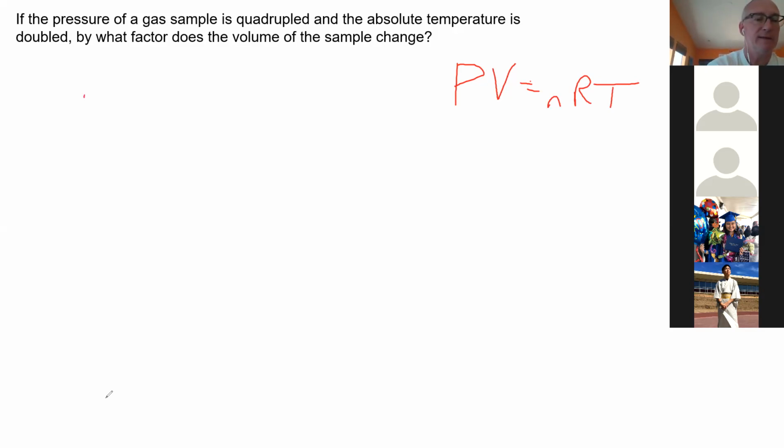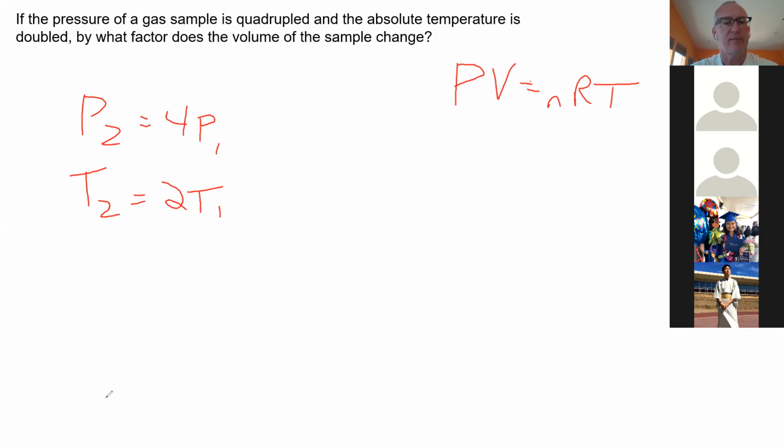So basically, P2 is 4 times P1. I know that. So the pressure has gone up by 4. And the temperature has doubled. So I know my T2 is twice whatever T1 is.